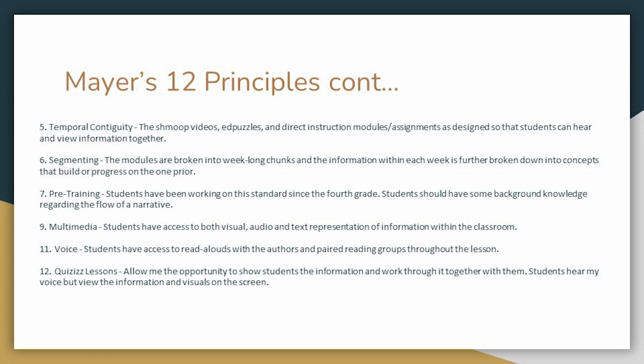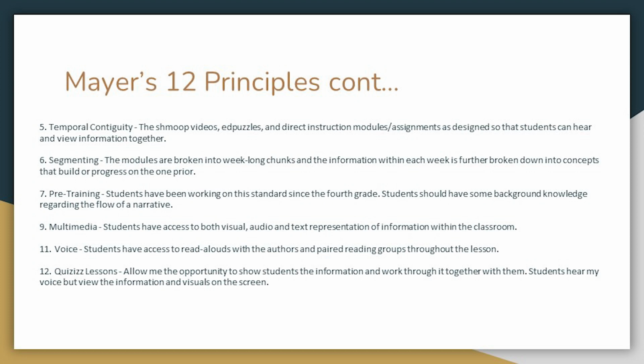For pre-training, these students have been doing something with CLOT ever since the fourth grade. So this is year two, working on this. They should have some level of background knowledge, and it should be mostly solid. We have multimedia, visuals, sounds, manipulatives.